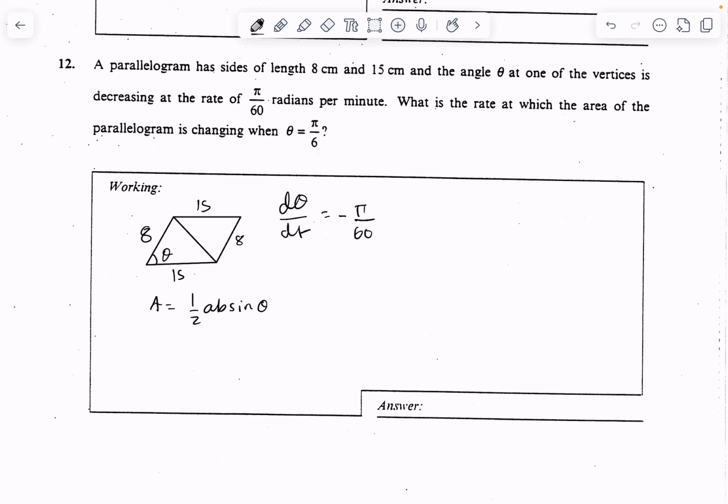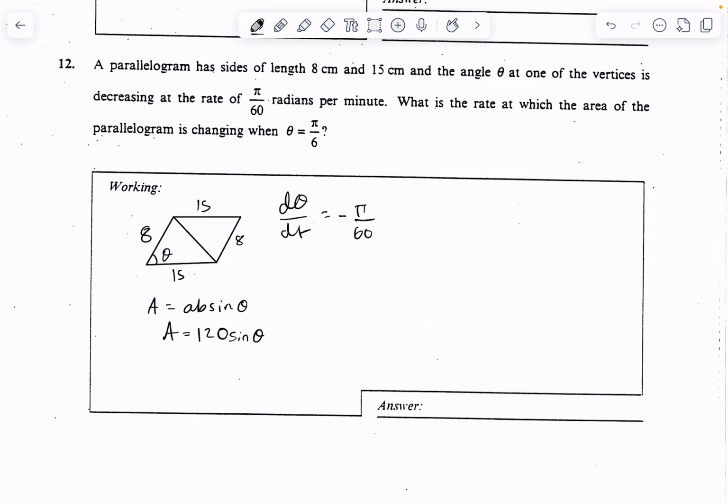And if we take two of these triangle areas, we'll get the full area of the parallelogram, which is equal to 2 times, and the half will cancel out. So the area of the parallelogram is going to be AB sine theta. Now, we know that A and B are 15 and 8, and 15 times 8, doing it in your head, is 120. So A is going to be 120 sine theta.